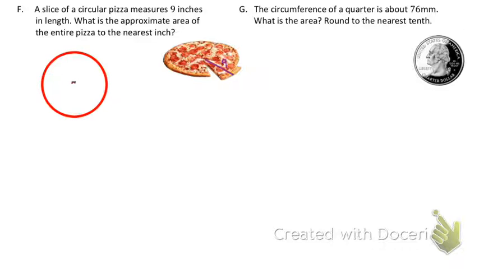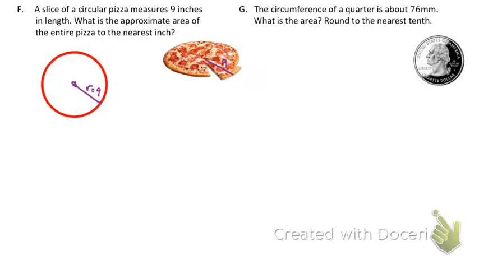When they say the length of a slice, what they're really giving us is this. It would be my radius. So if you can imagine, here's my pizza slice. And the length of it was 9 inches, which would make it my radius. Okay? So we now know that my radius is actually equal to 9.